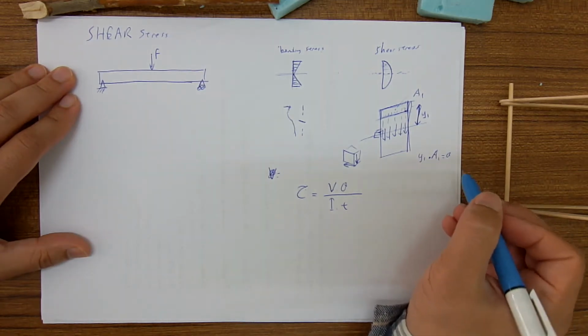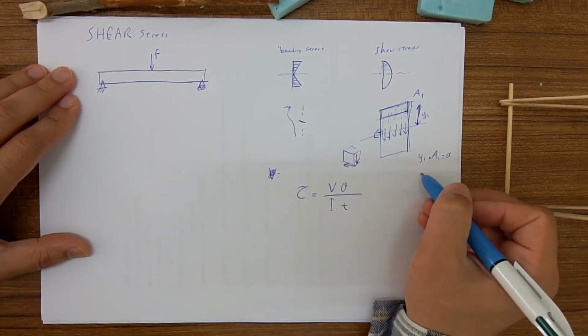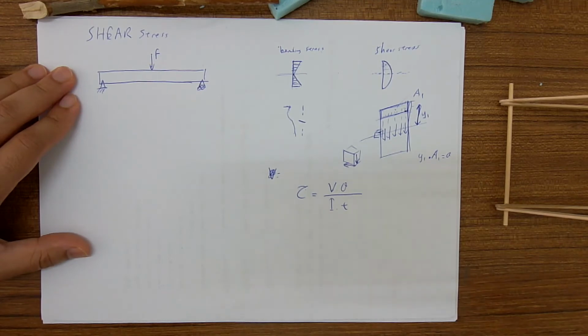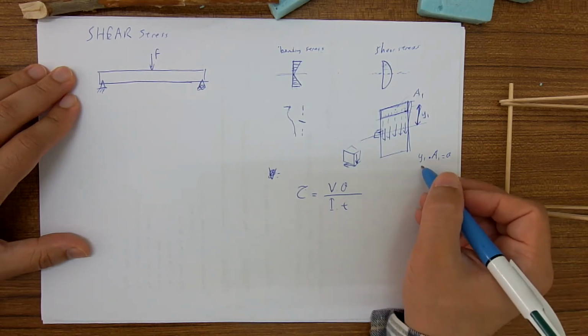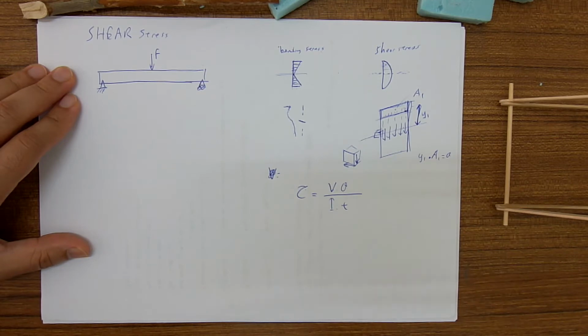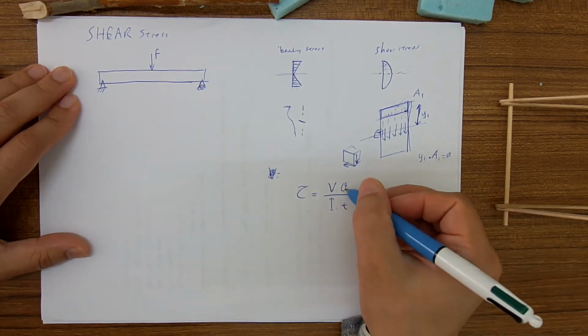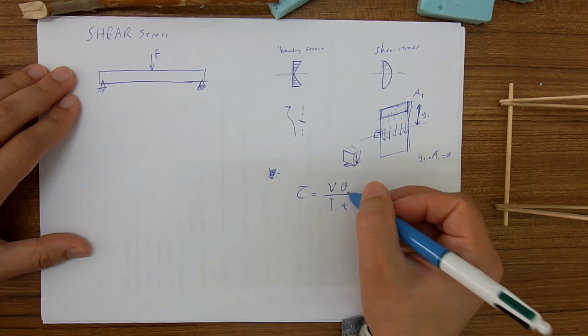You will remember from the previous lesson, first moment of area looks like moment of a force. So this is moment of area, and the other one is moment of force. Okay, Q is the first moment of area.